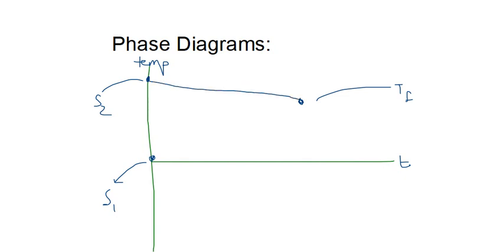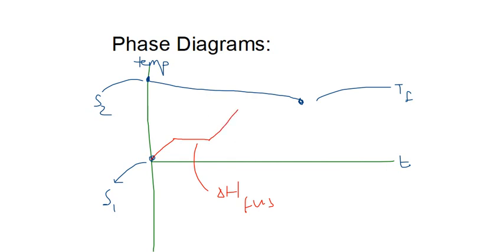It just cools down to temperature final. Whereas substance 2, maybe it's in a solid state first. So it gets heated up to the melting point. That would be the molar enthalpy of fusion.